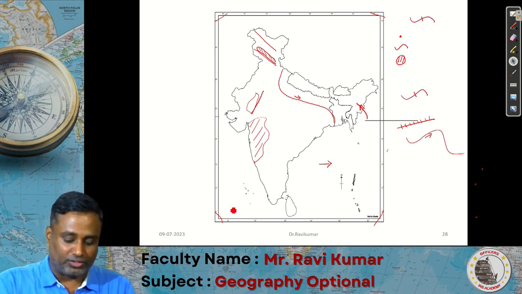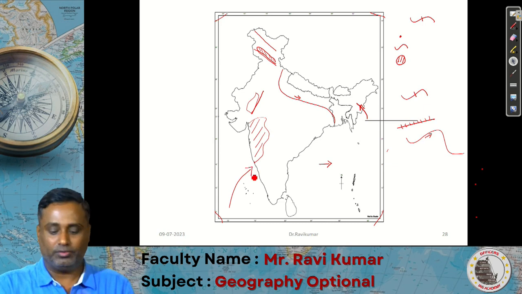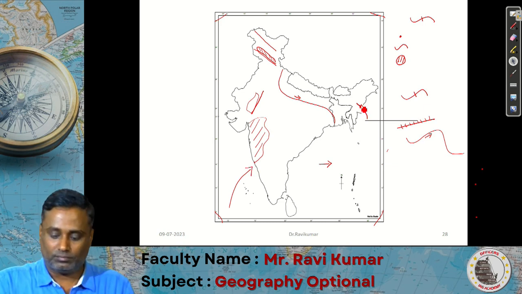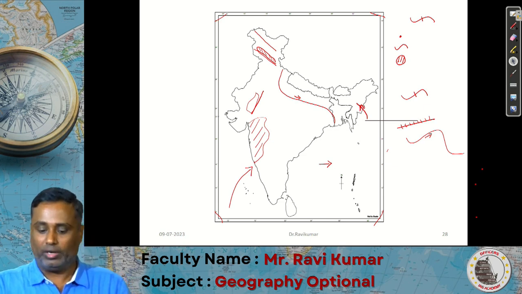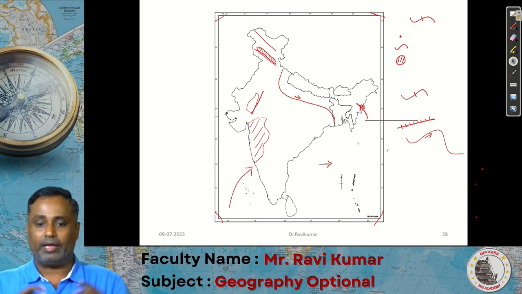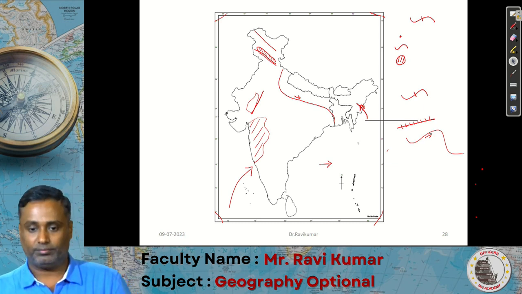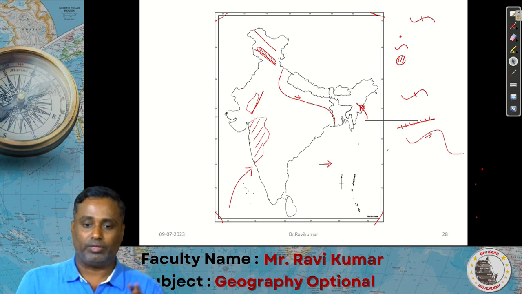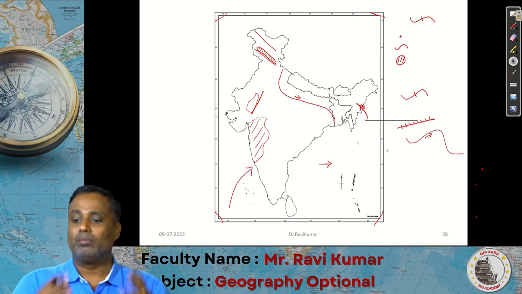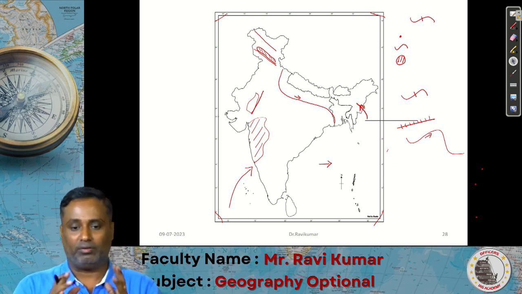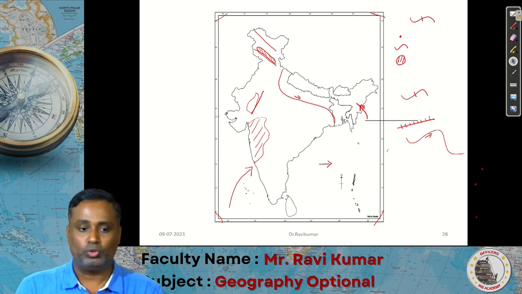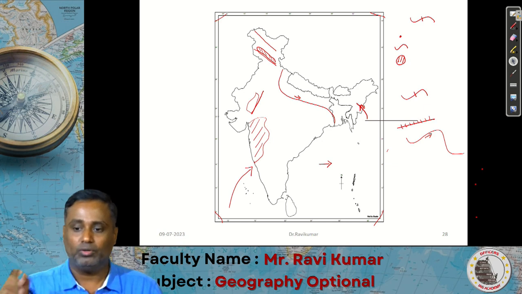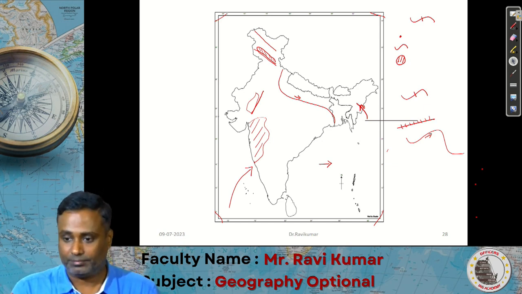Or I can show the direction of the southwest monsoon, wind flowing. So if you put an arrow, it means something is moving. The restriction on arrows is very, very important. Normally people invariably use arrows inside the map and get negative markings. Don't use them anywhere unless something is moving that I want to show. Otherwise, don't use any arrow anywhere.